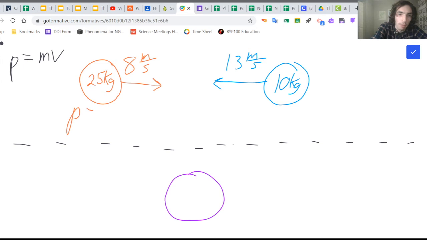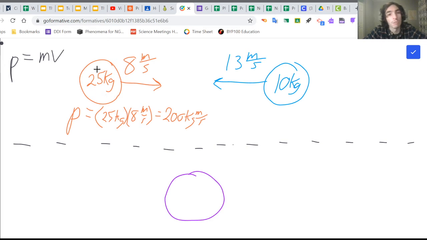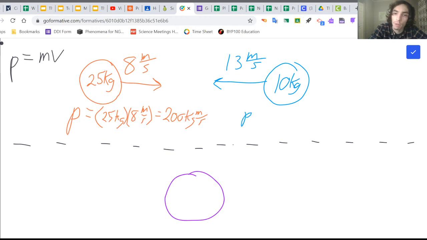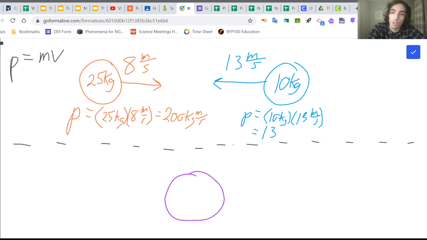So here we have, well, I guess I called this orange, it looks a little more red. The momentum there would be 25 kilograms times 8 meters per second, which I believe should be 200 kilogram meters per second, and that's positive because it's moving to the right. And then on the right side we have 10 kilograms times 13 meters per second as the velocity, and that would give us a momentum there of 130 kilogram meters per second.